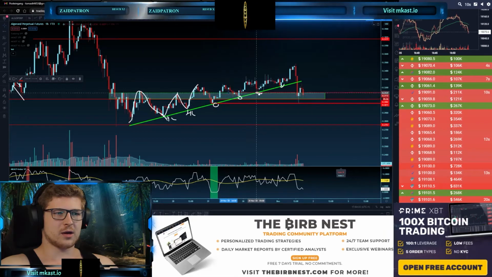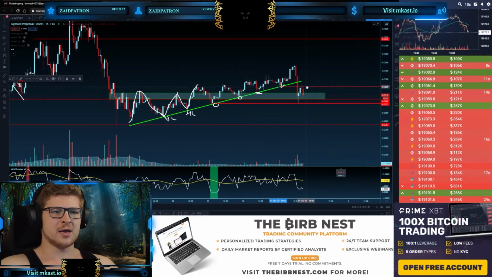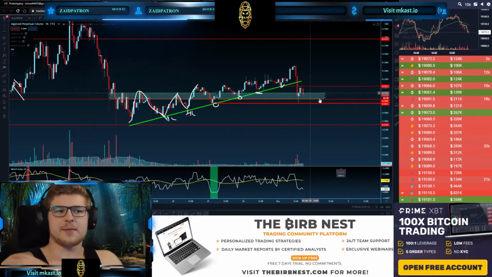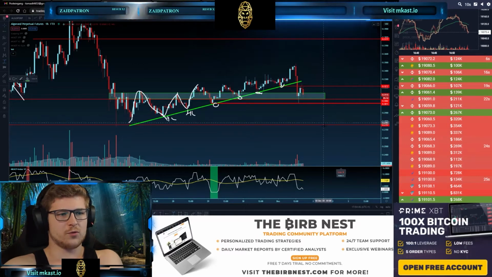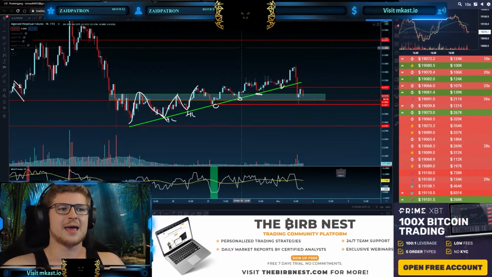Another higher high, another higher low, boom, just playing through the simulation. And then at some point you get stopped out and you have a very strong and beautiful trade, let's say going from here to here, a beautiful 16%.